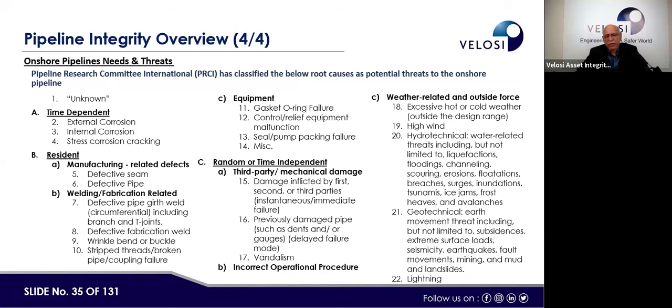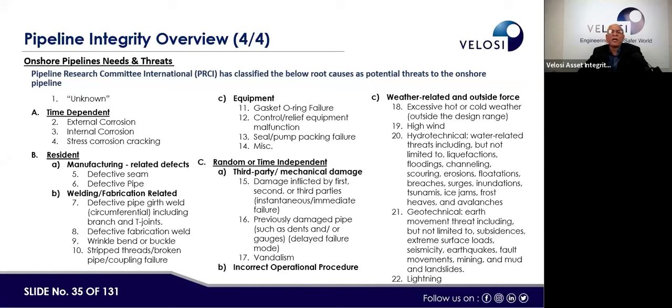Those equipment may also have a problem. Then there could be third-party threats as well. If the pipeline is passing by any area, it could be hampered by the neighboring pipelines, or by any other third-party movement, by drilling, by dredging, or some other reasons. Then there are incorrect operational procedures or operational conditions. These kinds of threats can be caused by inappropriate operation of the pipeline by the operating team.